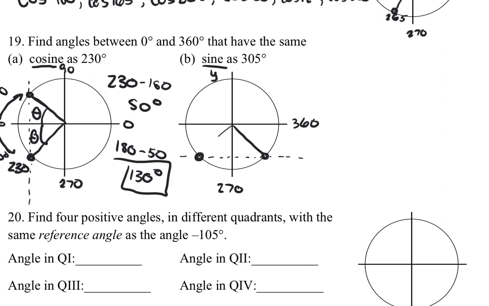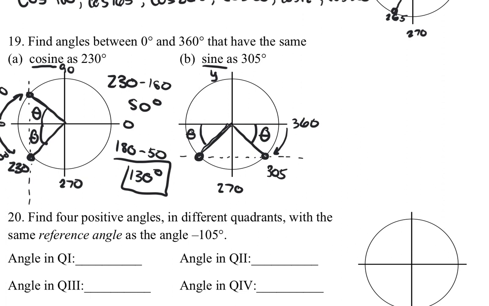Right, so our other angle is right here. And what we know about these angles is that this angle and this angle are the same. So I can do the same thing. I know that this is 305.